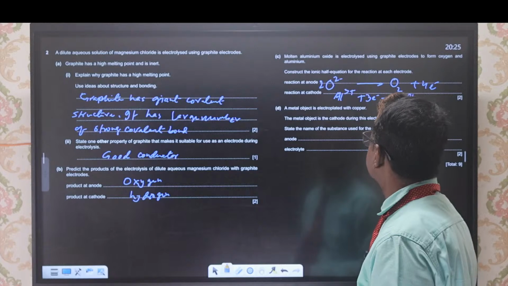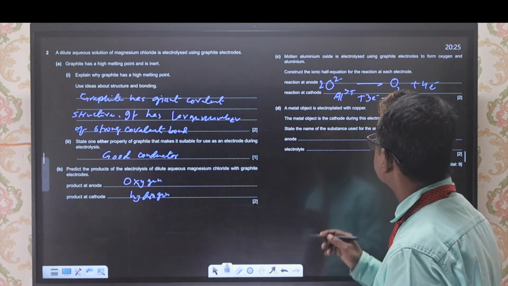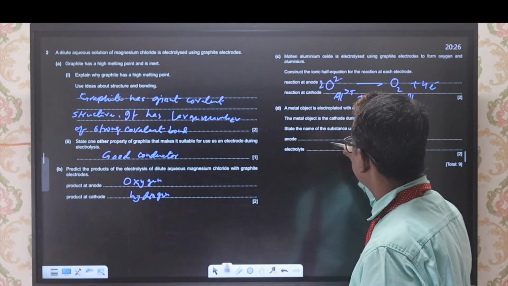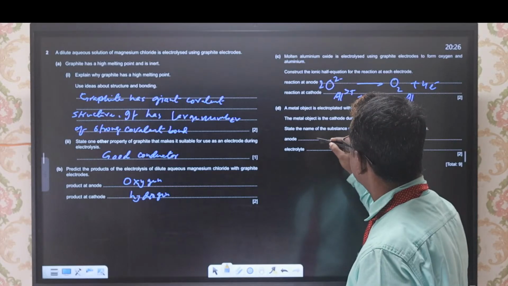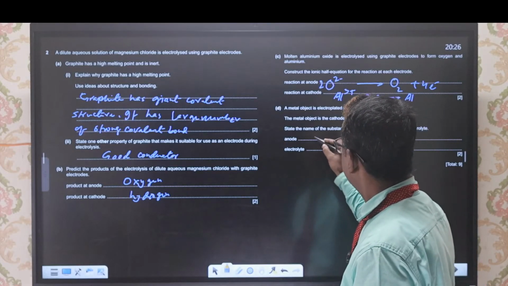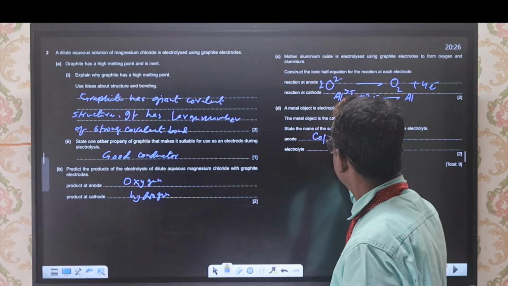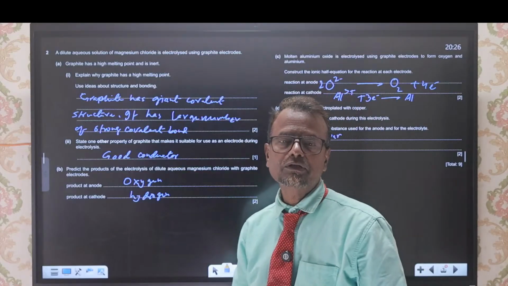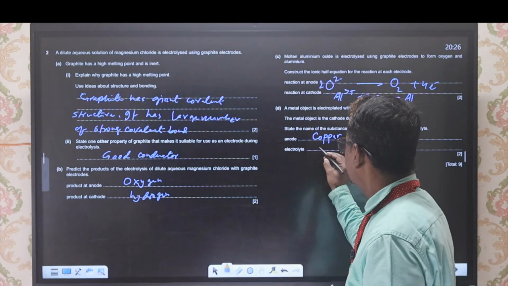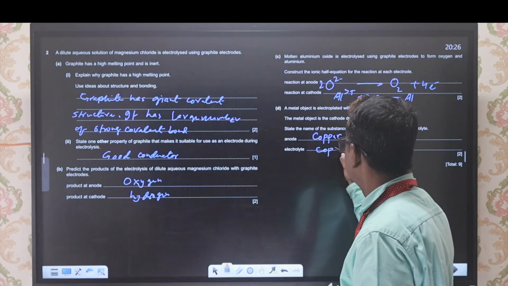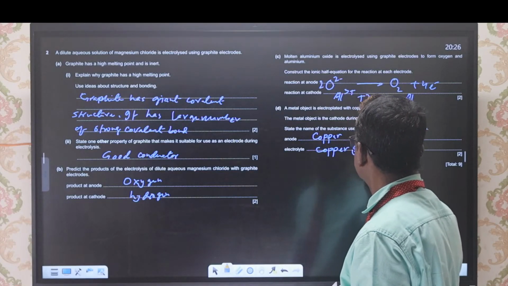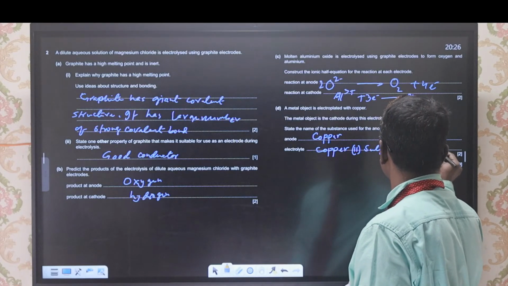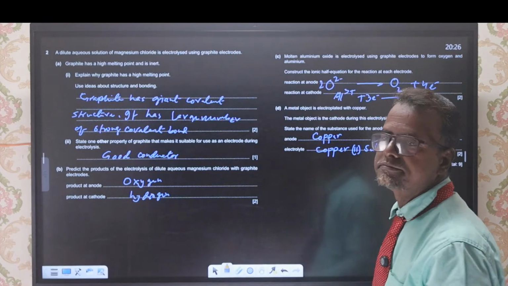So the anode is just copper. The electrolyte will be copper sulfate or copper chloride, that means it contains copper ions. So you write copper sulfate solution.